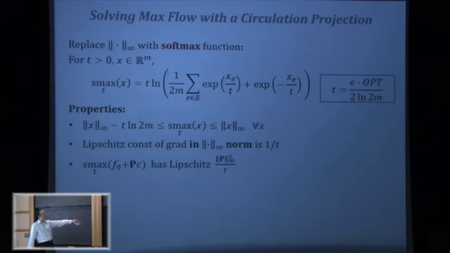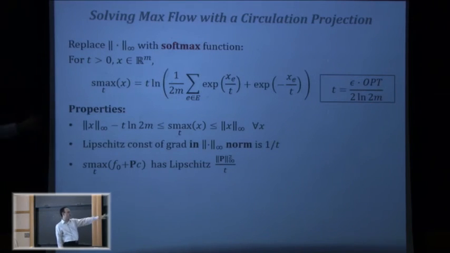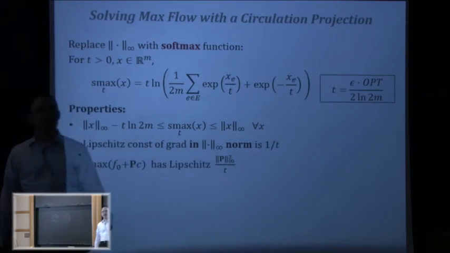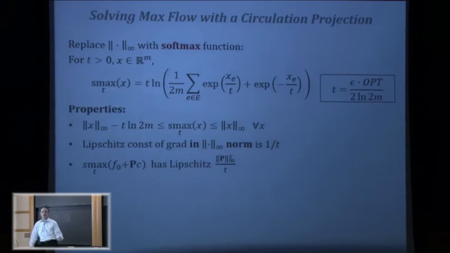Right, so the softmax of f plus pc, if you just do the calculation from the previous thing and take some derivatives, you'll see that the Lipschitz constant of f plus pc as a function of c, remember f0 is a fixed constant, is the L infinity norm squared of the matrix P, the infinity to infinity norm. So I feed it vectors of infinity norm 1 and look at the maximum infinity norm of what comes out.